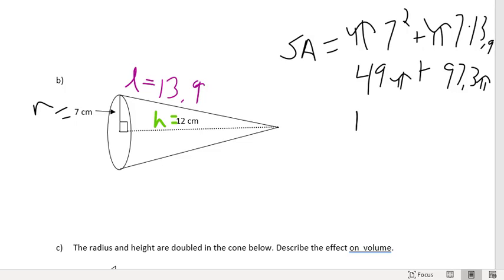Add them up, we get 146.3 pi. And since we are using centimeters, our area units are centimeters squared.